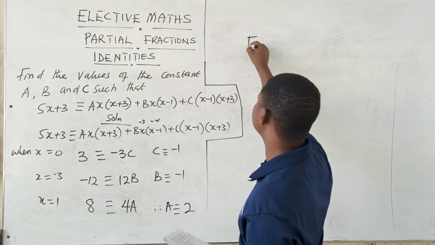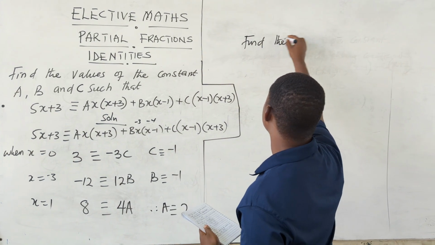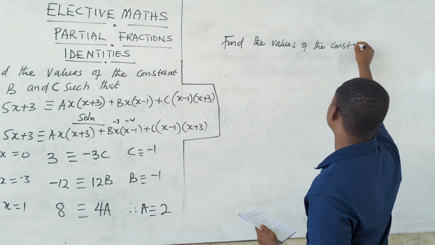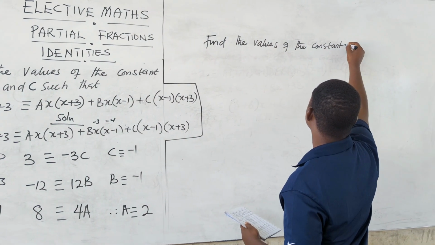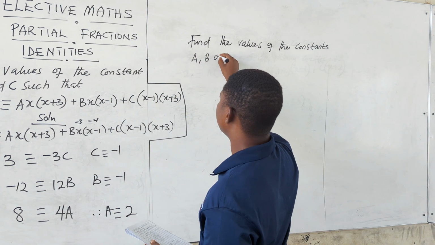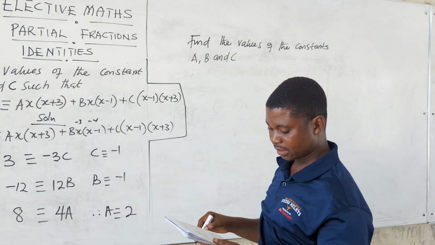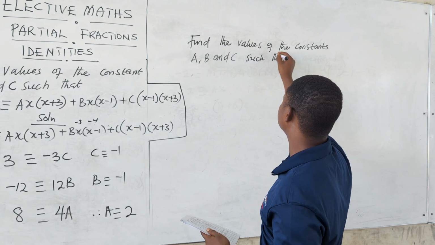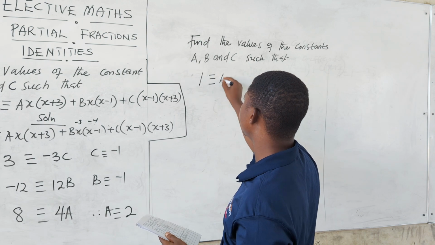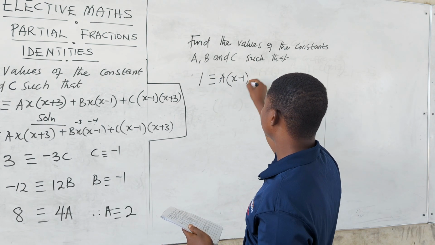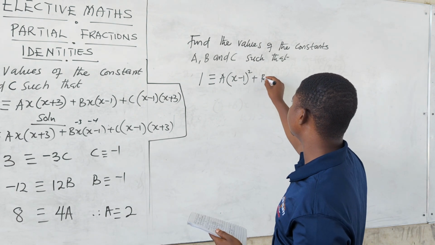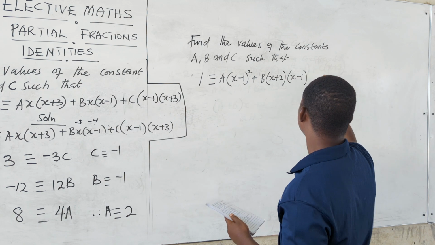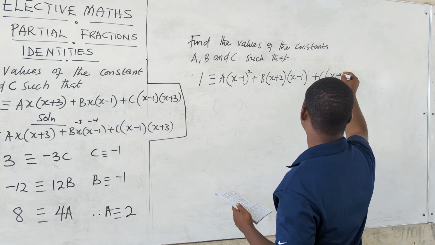So let me give you the question. And the question is, find the values of the constants A, B, and C such that 1 is equivalent to A over x minus 1 squared plus B over x plus 2 x minus 1 plus C over x plus 2.